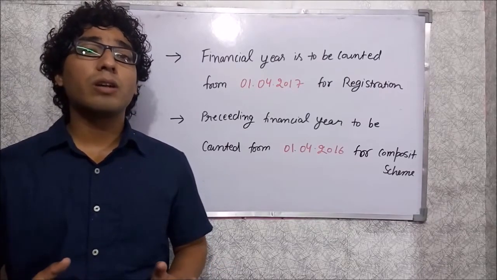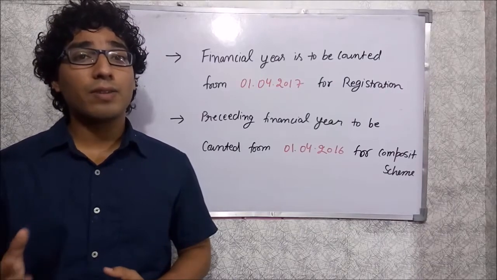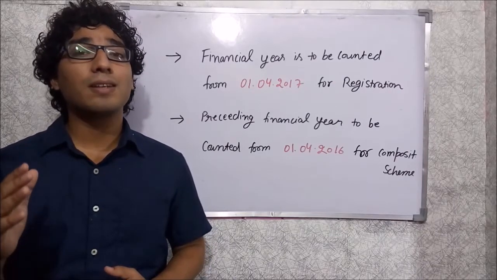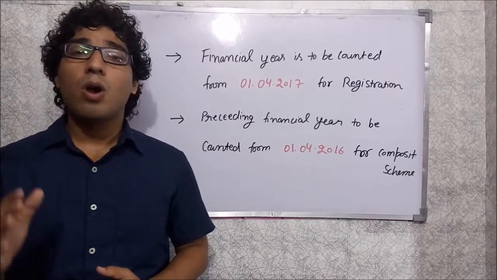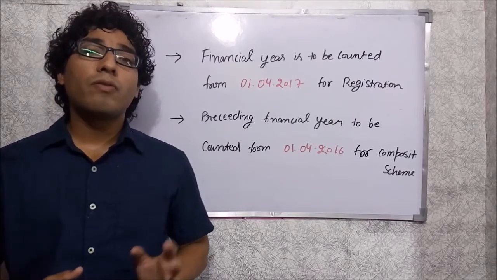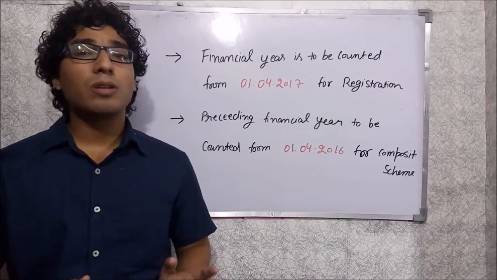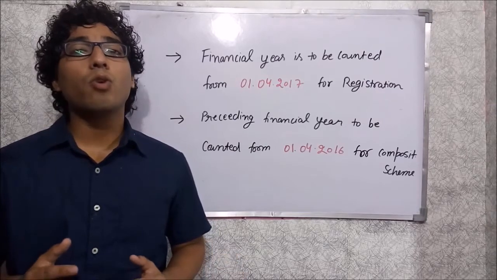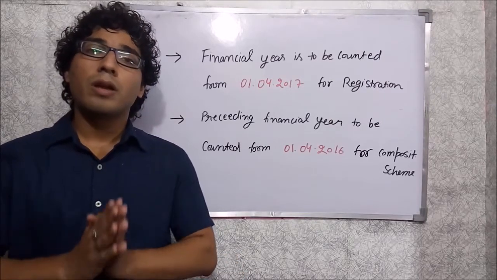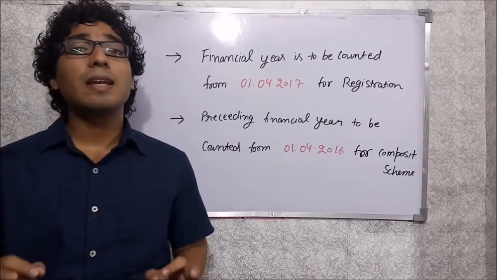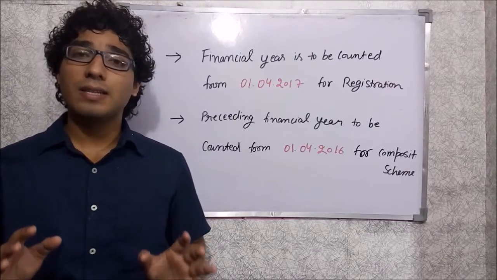Whether it is to be counted from 1st July 2017, which is the date of application or introduction of GST, or it is to be counted from 1st April 2017, which is the date of opening of books of account. So the term financial year isn't defined under the CGST Act.